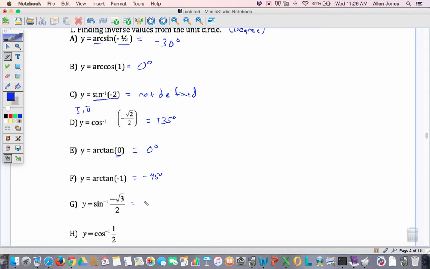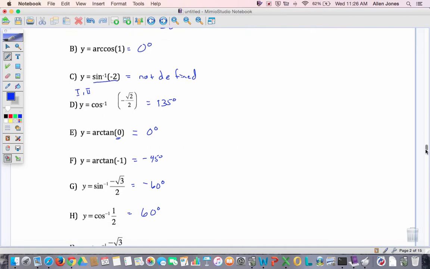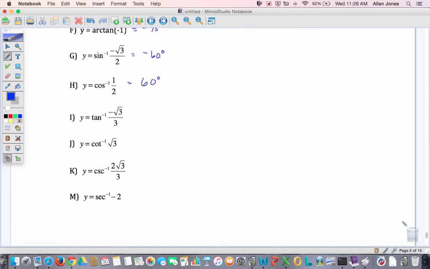Inverse sine of negative square root of 3 over 2 going down to quadrant 4, that's going to put us at negative 60 degrees. Cosine of 1/2 is going to put us in the first quadrant at a positive 60 degrees. Oh, a few more here. We have some tangents. Inverse tangent of negative square root of 3 over 3. That's going to occur in the fourth quadrant at negative 30 degrees.